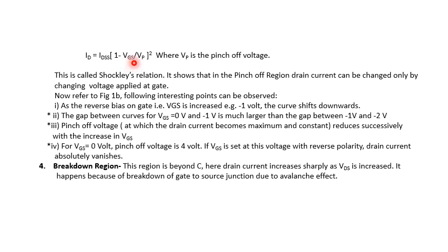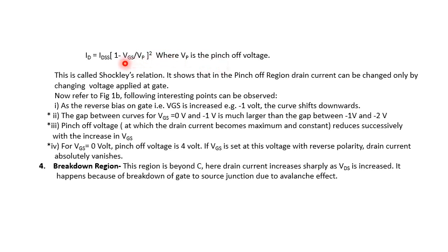And this is the reason why it is called field effect transistor. As I have mentioned in the previous lecture, a field effect transistor is a kind of transistor in which the output current can be controlled by the input field or input voltage.